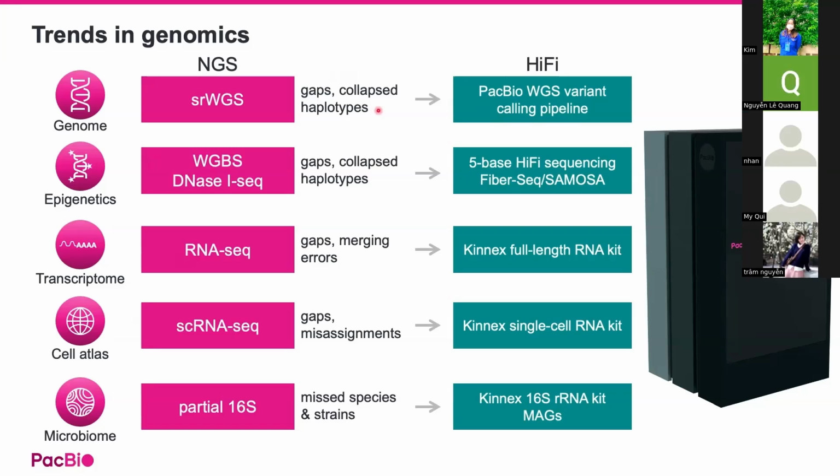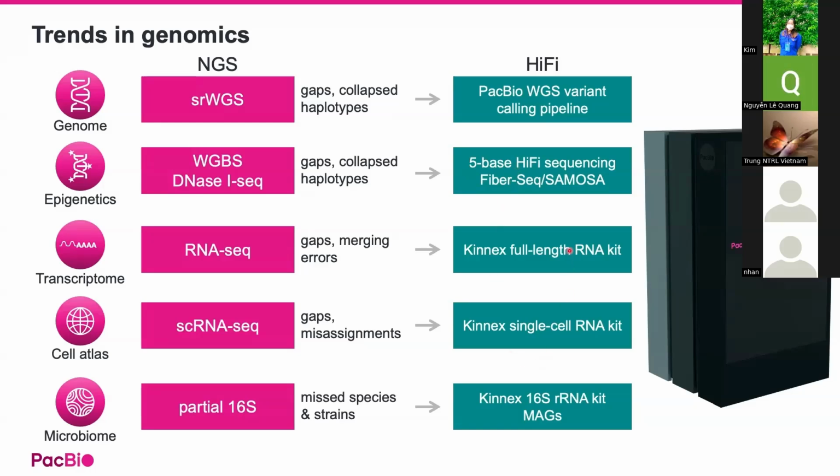Now on HiFi sequencing, we can sequence through those dark areas. The data we generate are also in collapsed haplotypes where you can separate the paternal and maternal allele. And like I mentioned, you will get your methylation information directly from the sequencing data, so you don't need to do bisulfite sequencing to get that epigenetic information.